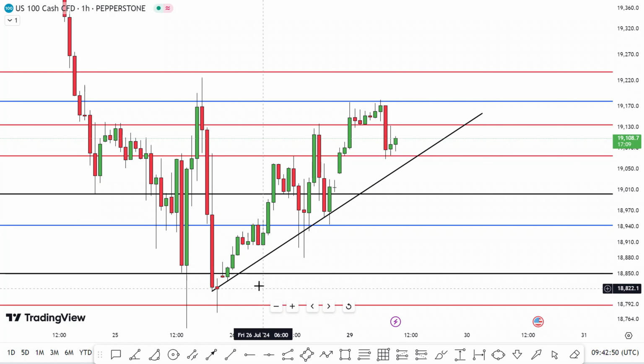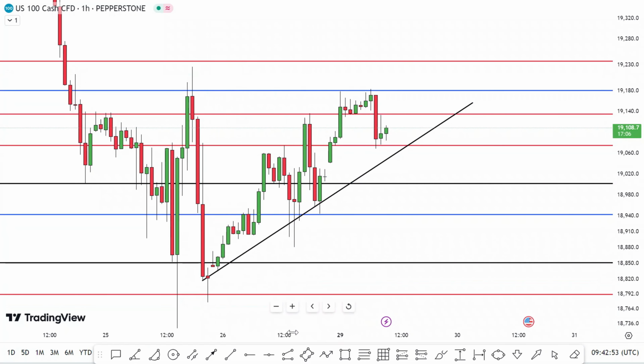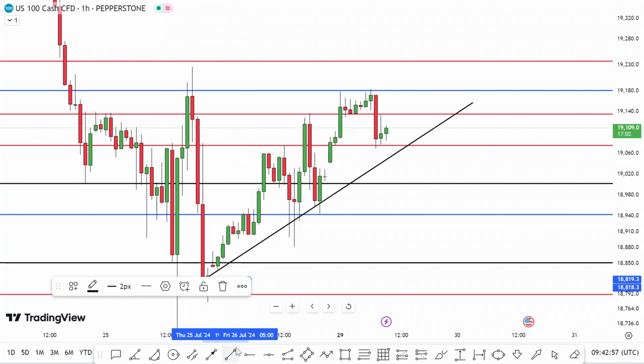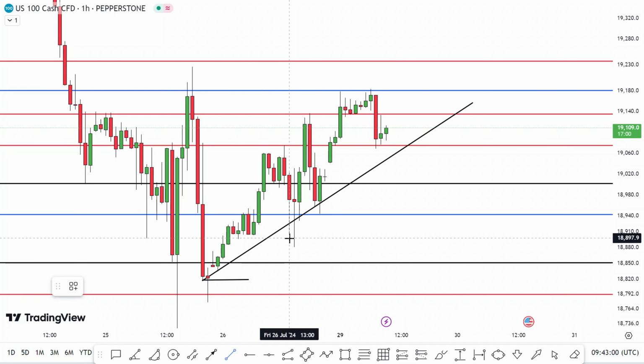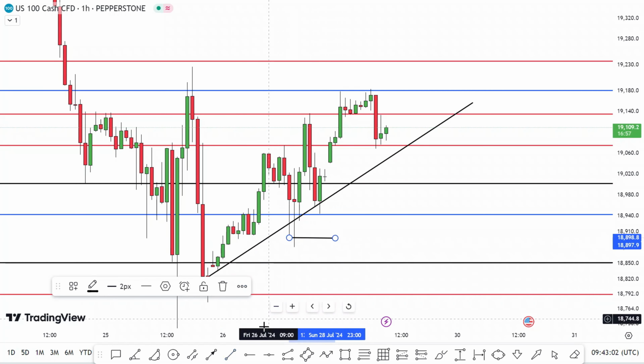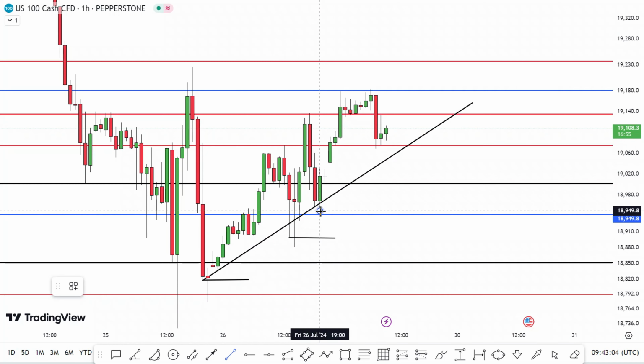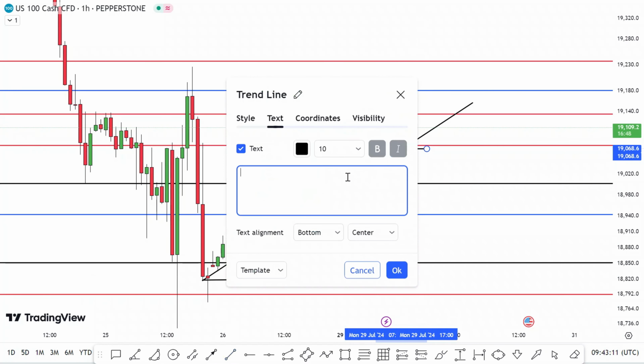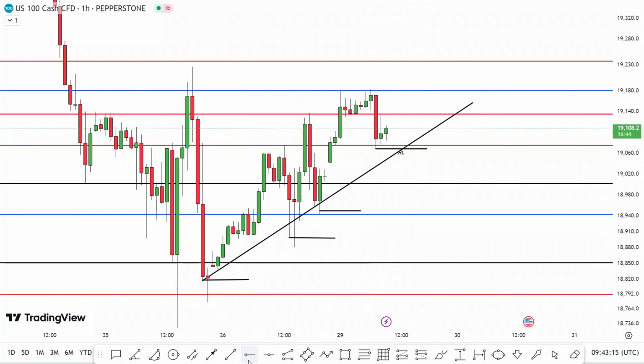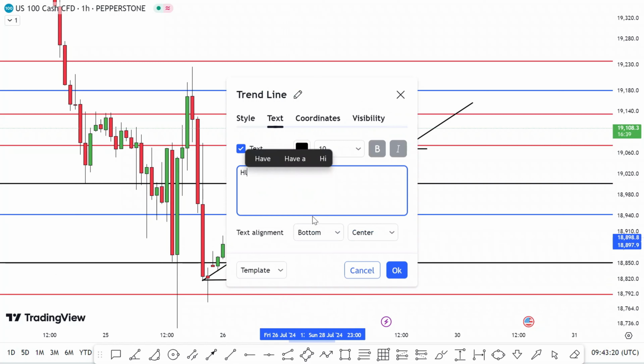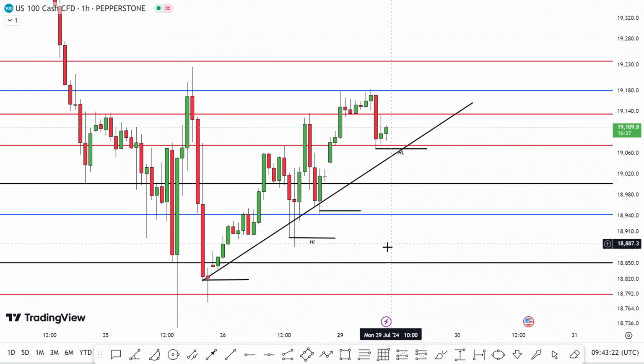We have a higher low here, which means we have one higher low, another higher low, another higher low, higher low, higher low, higher low.